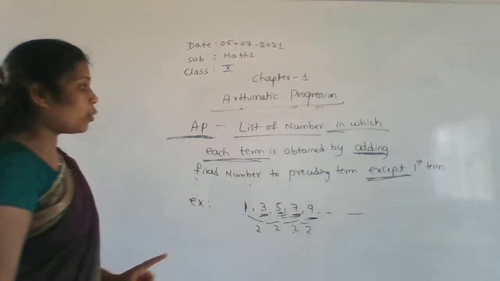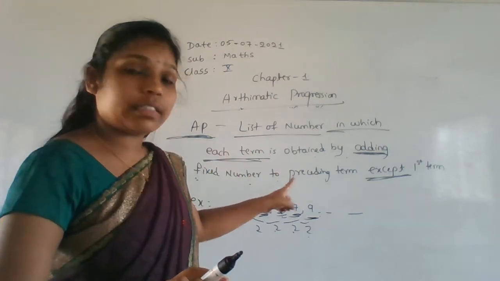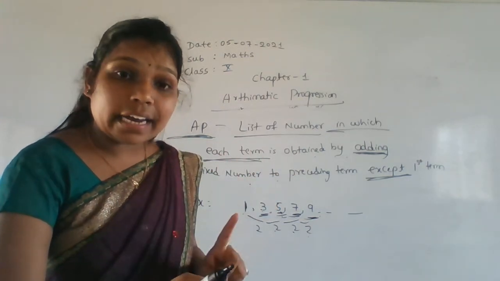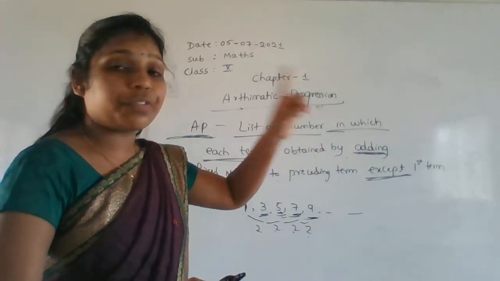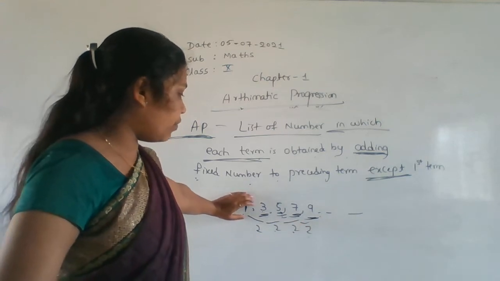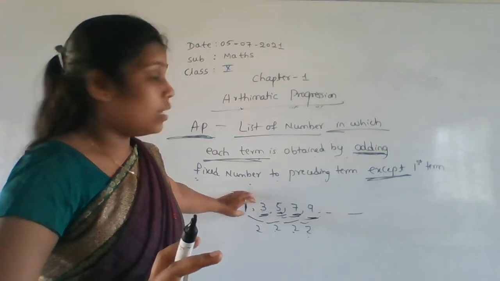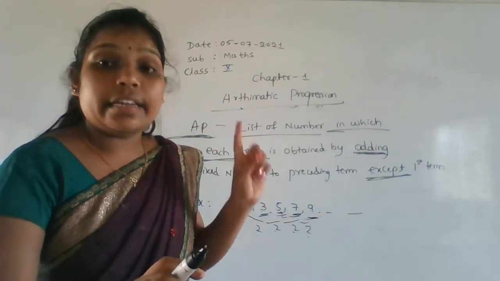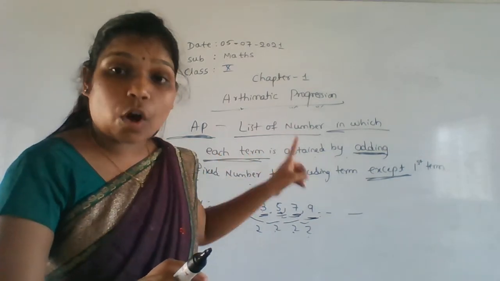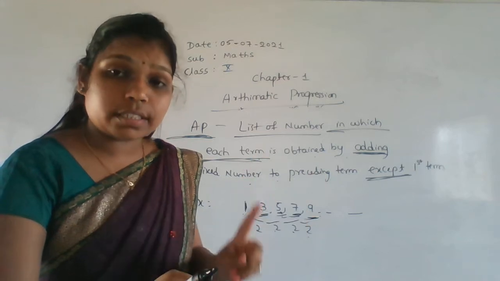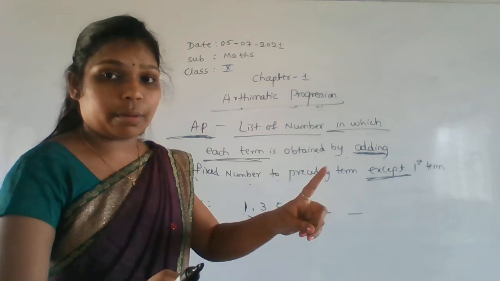So arithmetic progression is the list of numbers in which each term is obtained by adding a fixed number to the preceding term, except the first term. Don't add to the first term; you have to add for every other term.